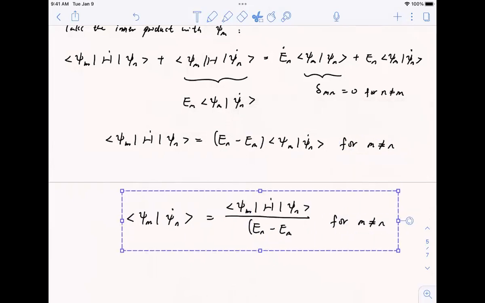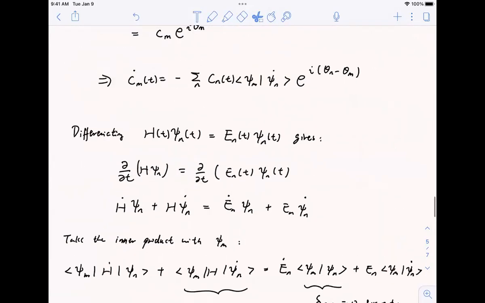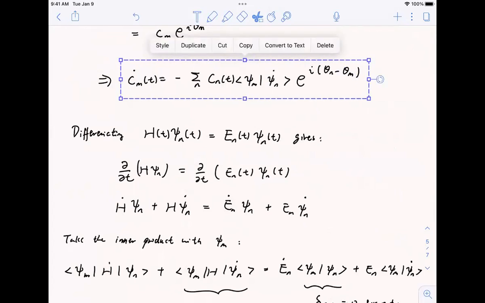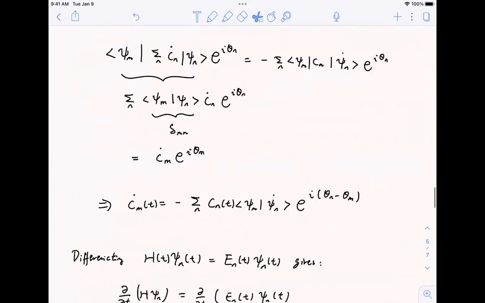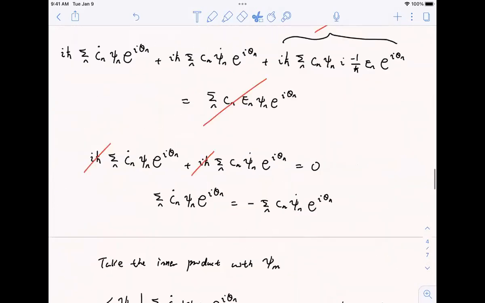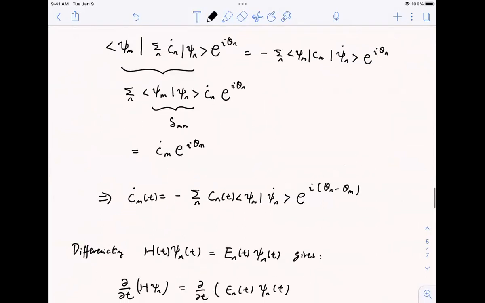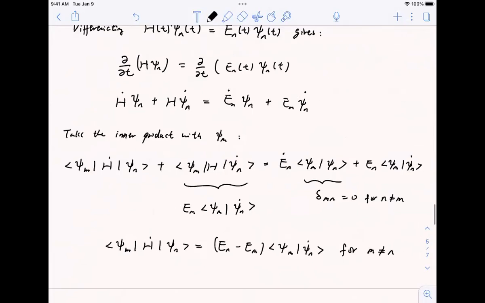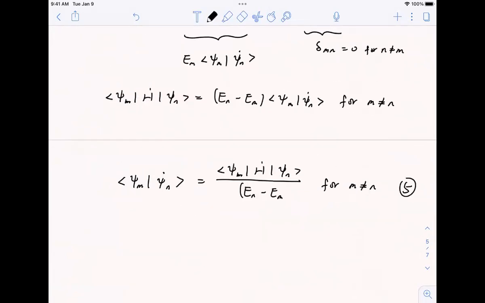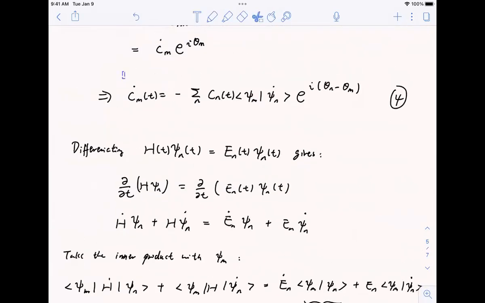Now let's go back to here. Let me say equation number 1, 2, 3. Let me say this is 4 then. So this is 5. Putting 5 into 4.